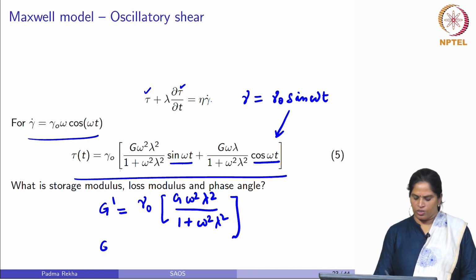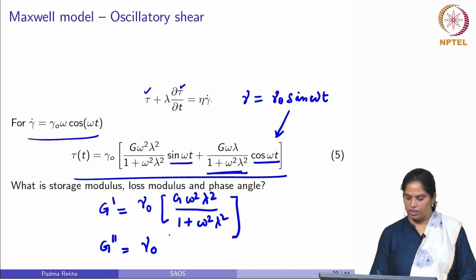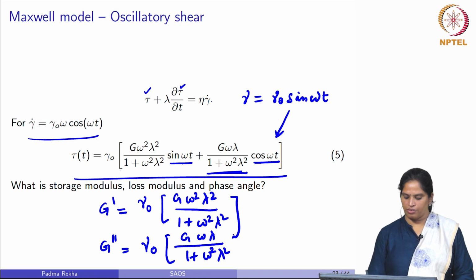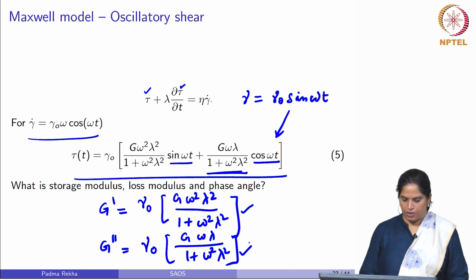Likewise, the loss modulus will be the coefficient of cos omega t, which is gamma naught into G omega lambda divided by 1 plus omega square lambda square. So, we have the storage modulus and loss modulus for a Maxwell model.